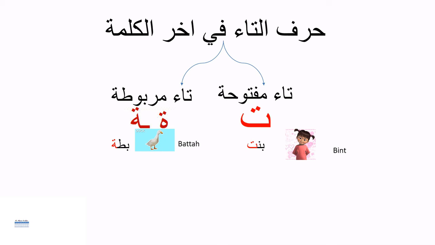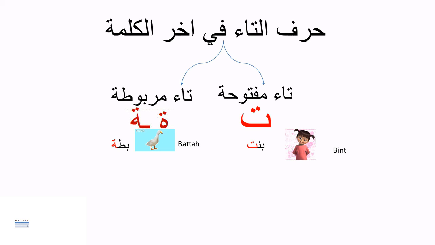Okay, we remove the sound or the haraka from batta because it is at the end of the word, or if we are stopping at that word, then we don't put sounds anymore. We put sukun. We make the letter silent. Okay, but the ta marbuta will be pronounced as ha if we stop at it. So batta.